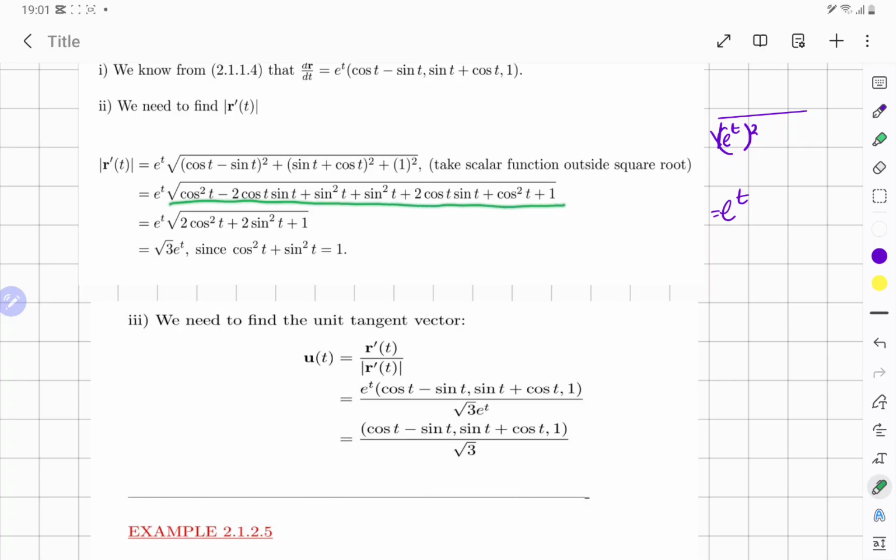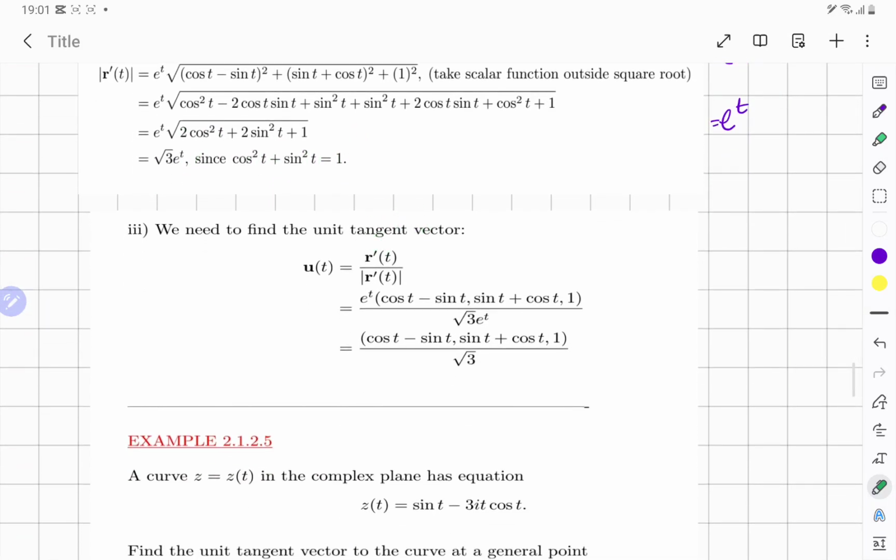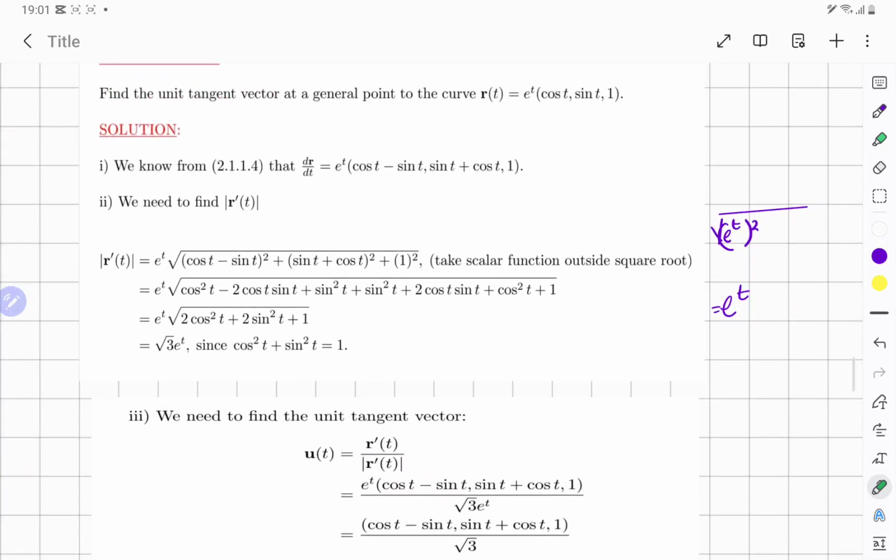Now I will multiply out. That's from school, I'm not going to waste time with it. You simplify, and one thing you can always remember is that cos squared plus sine squared with the same angles will always be 1, and there is your answer. That's your magnitude for your unit tangent vector.